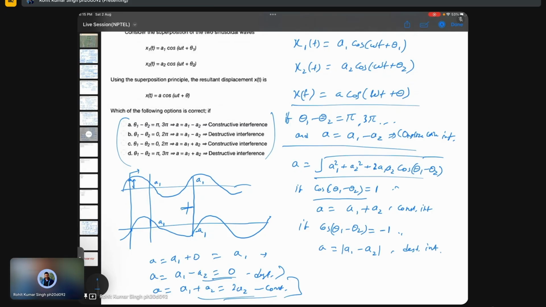So when does cos become 1? When it is an even integer multiple of pi, right?